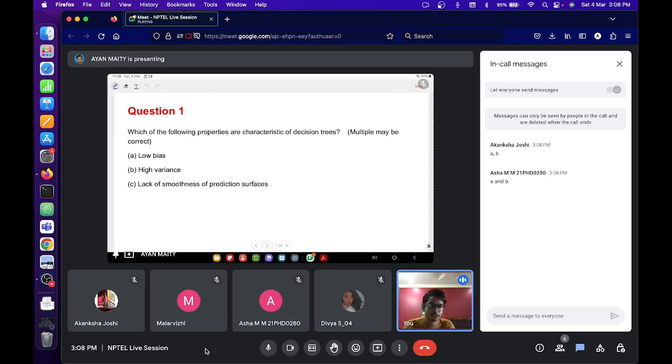So Akanksha Joshi has written A and B, so low bias and high variance. Asha has also written A and B. So both of you have written A and B here in the chat. Any other answers? Does anyone think C would also be one of the answers?